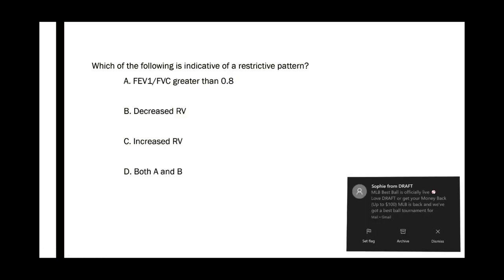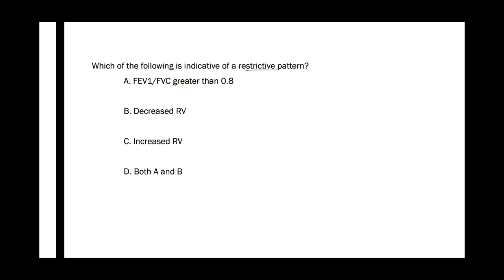Which of the following is indicative of a restrictive pattern? A, FEV1 over FVC greater than 0.8. That's true. B, decreased residual volume. That's true. C, increased residual volume. No, that would be obstructive.